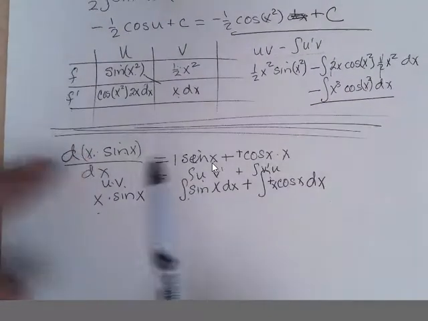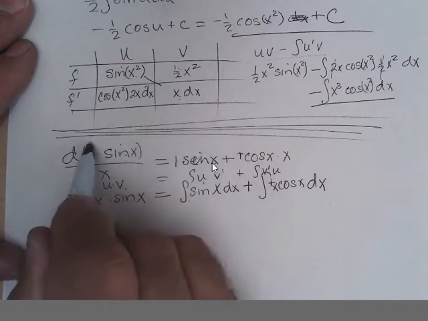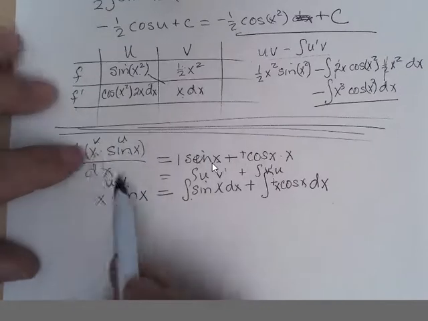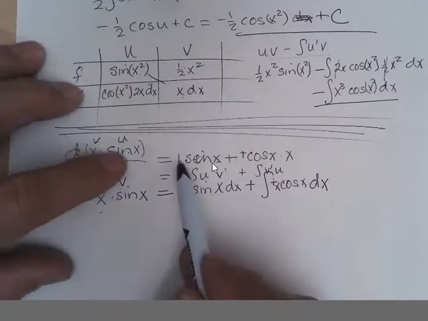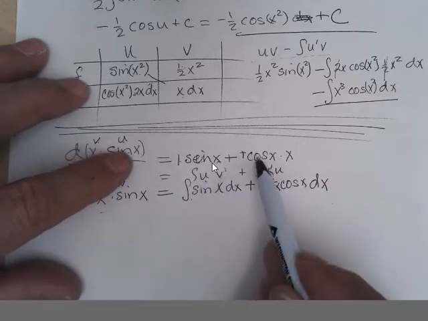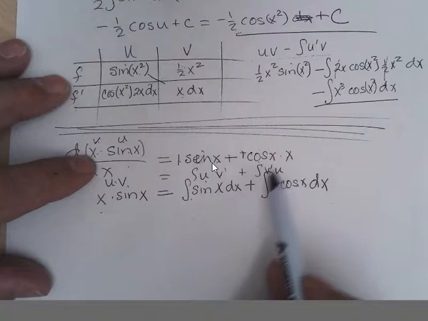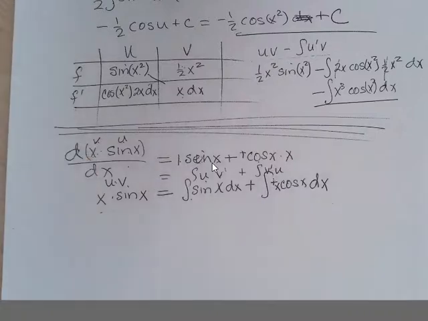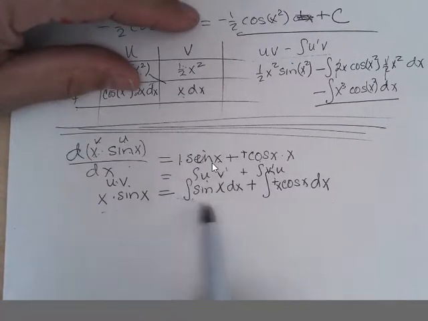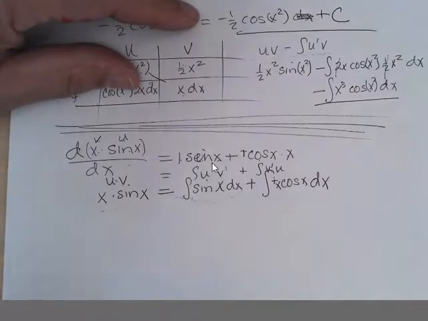I'm making this be the v, this the u, I've got them switched here, so derivative of v is 1 times u, v prime u, and then u prime is the cosine, v is the x. So we got this. And we could subtract this from both sides, or we could subtract this from both sides.